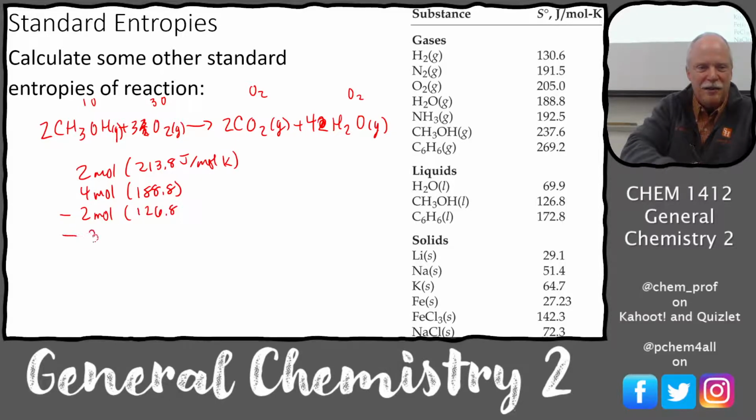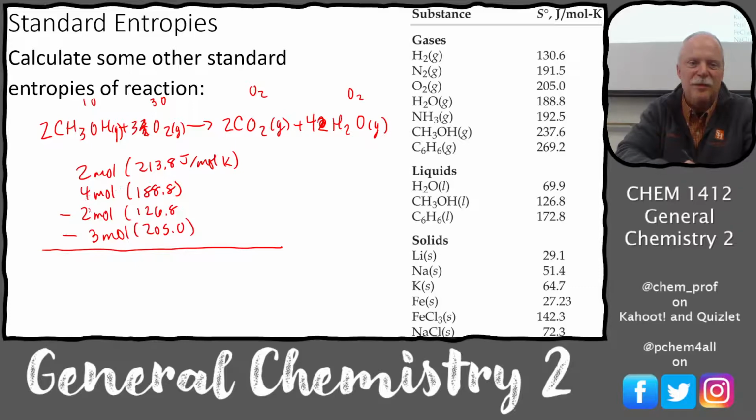And then we subtract the 3 moles of oxygen at 205.0. So don't drop your negatives. These are all joules per mole Kelvin. So I'm just going to do this. Someone with some fast fingers, calculate that for us.